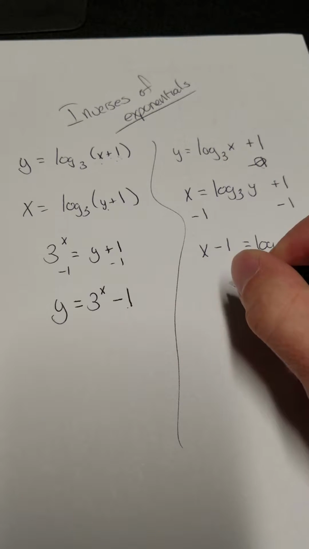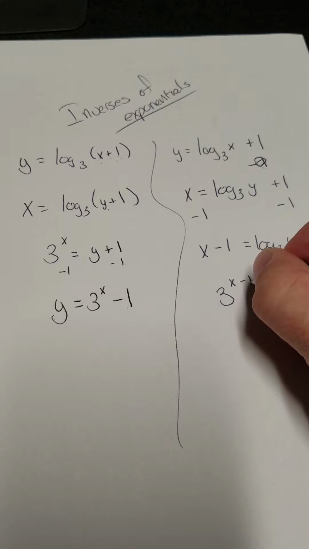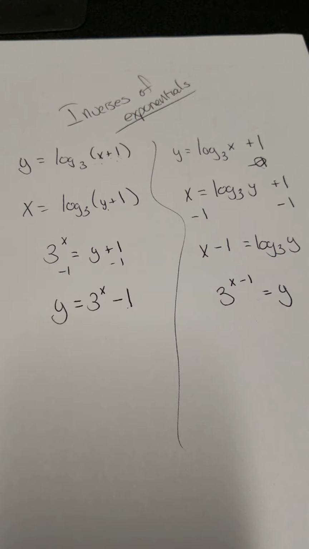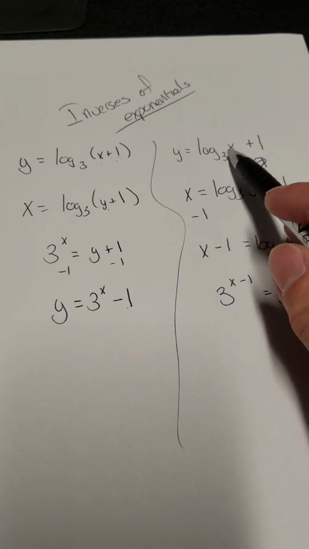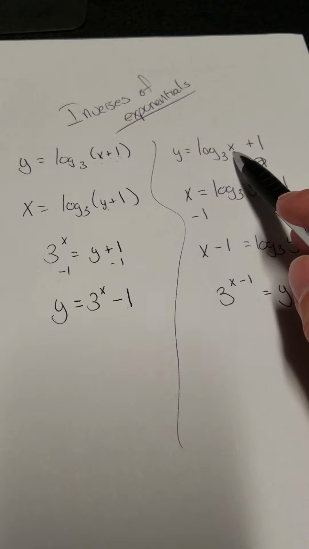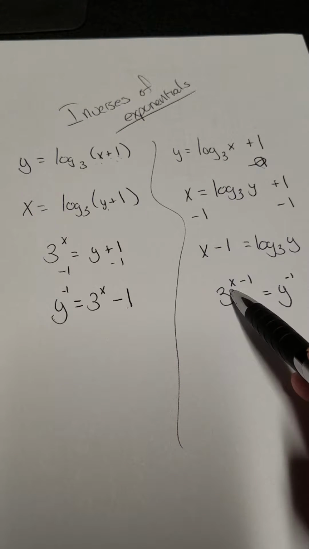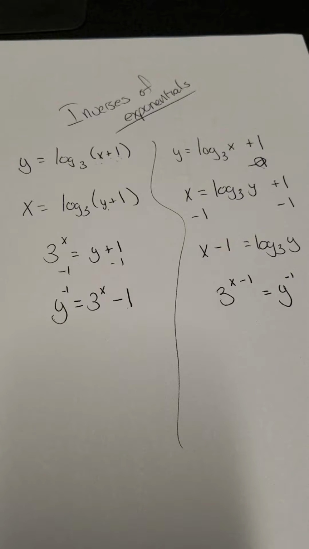Now rewrite it as an exponential. 3 to the x minus 1 equals y. Well, let's look at what happened with this one. The 1 was not being paired with the x, okay? It was a positive 1, it was not paired with the x. In the final answer, which is the inverse, it is being paired with the x, and it's also changed sign.